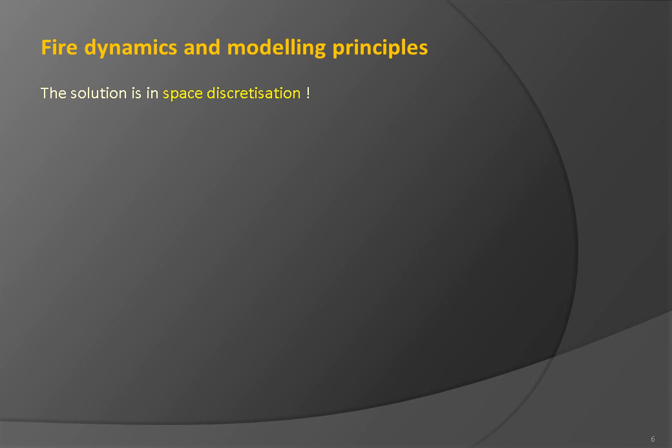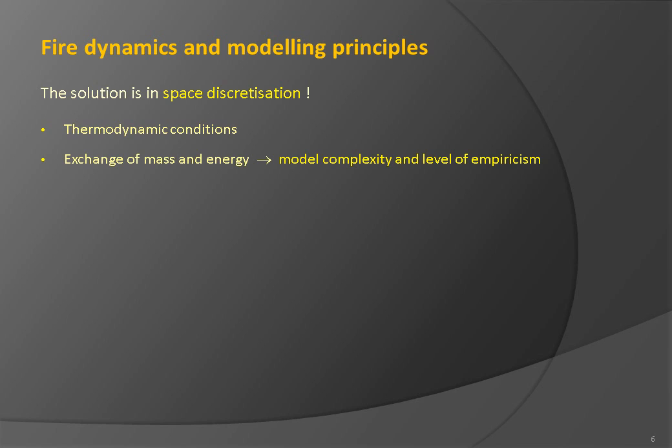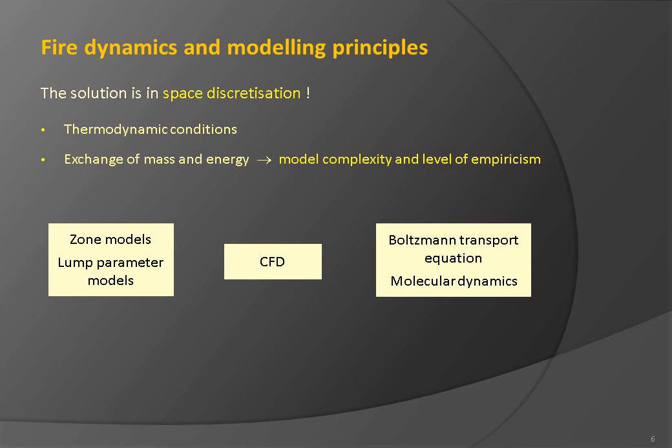The solution is in space discretization. This means breaking space into discrete volumes where thermodynamic conditions can be considered constant. The exchange of mass and energy between these volumes is then governed by the difference in temperature, pressure, velocity, and composition. These relationships really define the model complexity and do require a certain level of empiricism.